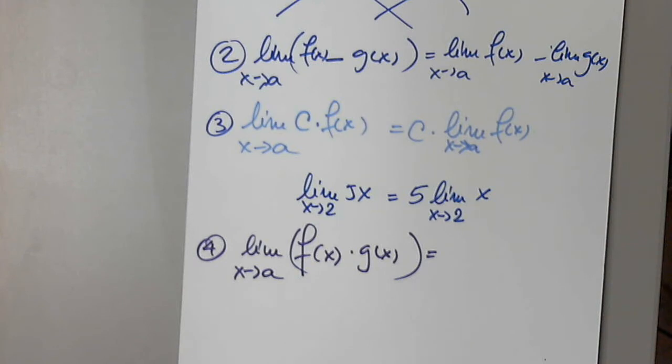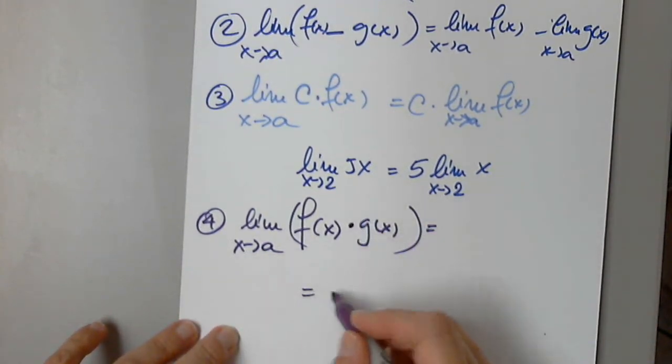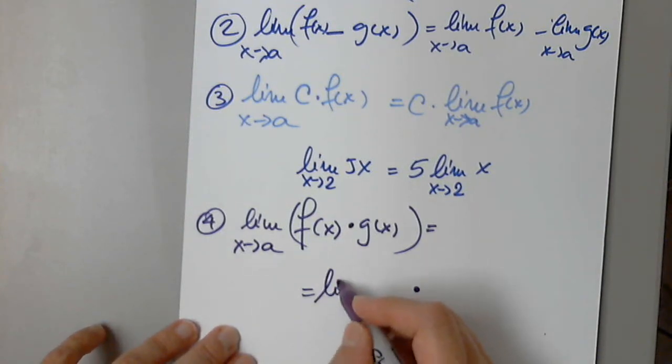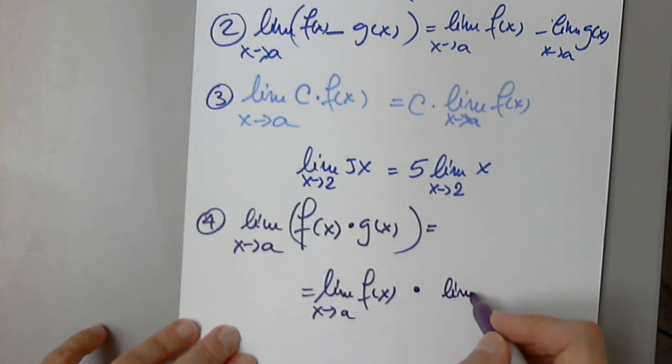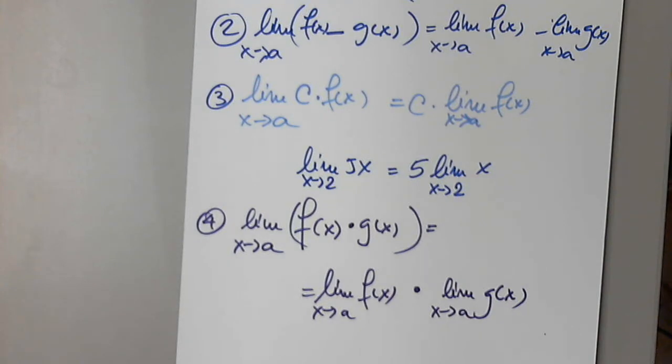The limit of a product is the product of the two limits: the limit of f of x as x approaches a, times the limit of g of x as x approaches a. Very good.